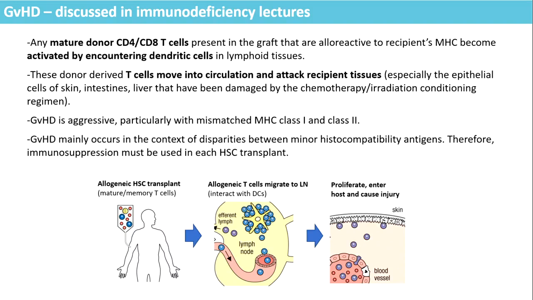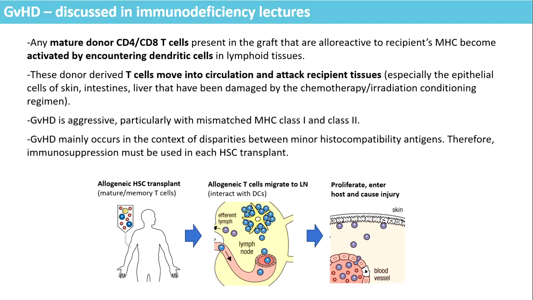They tend to do quite a bit of damage to epithelial cells, particularly the skin, intestines, and the GI tract. These tend to be organs that may well have been damaged quite significantly by the chemotherapy or radiation conditioning that was required for the stem cell transplant to engraft and to make space.